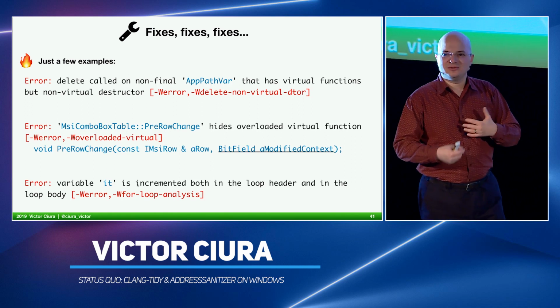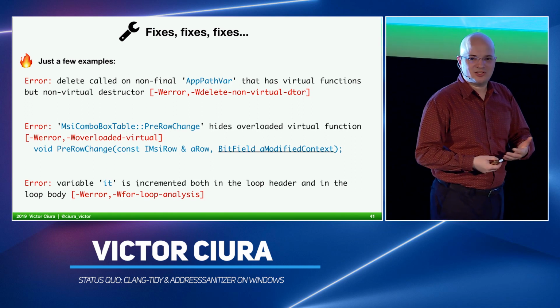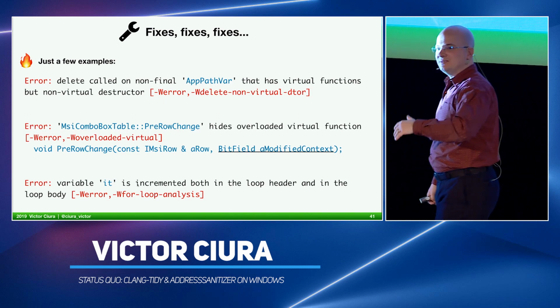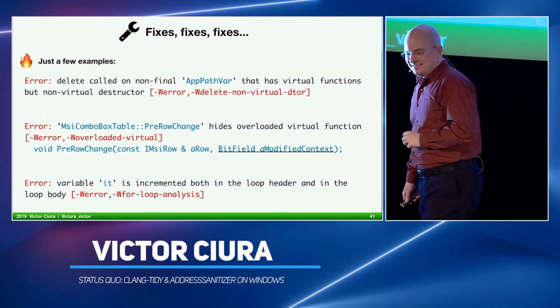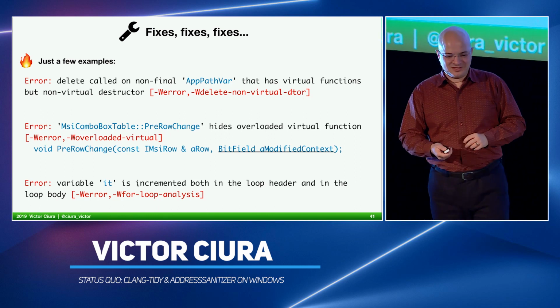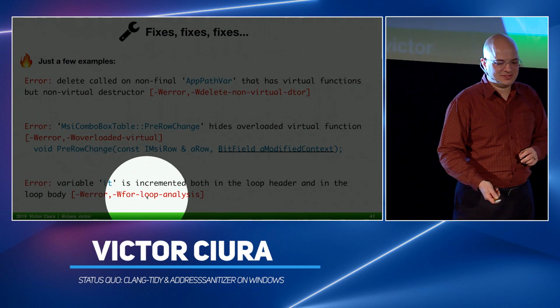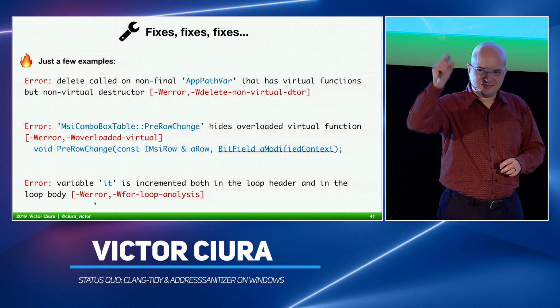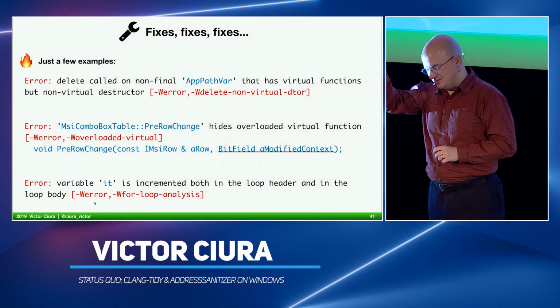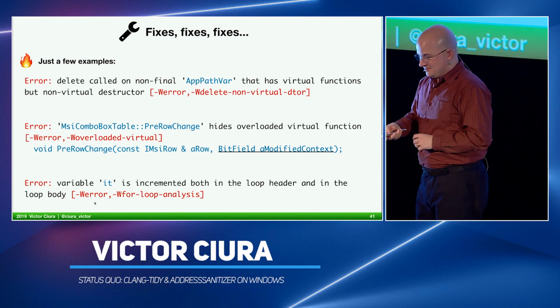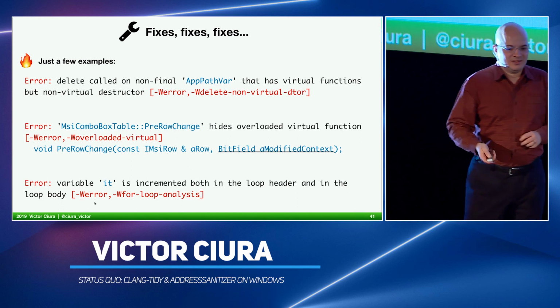Code lives, code is transformed, many people touch it. So when code evolves, weird things end up in there. So actually finding induction variables incremented in the for declaration and the loop body, it sounds stupid, but it happens.